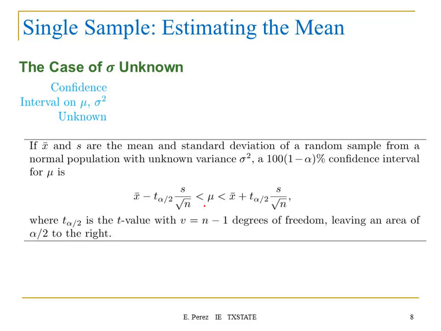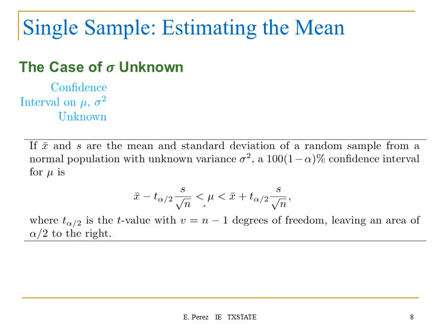So the confidence interval, indicated in blue here, for mu with the population variance unknown, we can compute using this expression for the lower bound and the upper bound. So again, this is the case in which you don't know the population mean and the population variance.